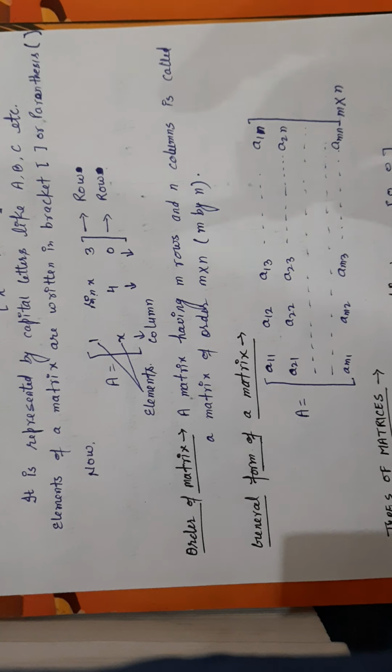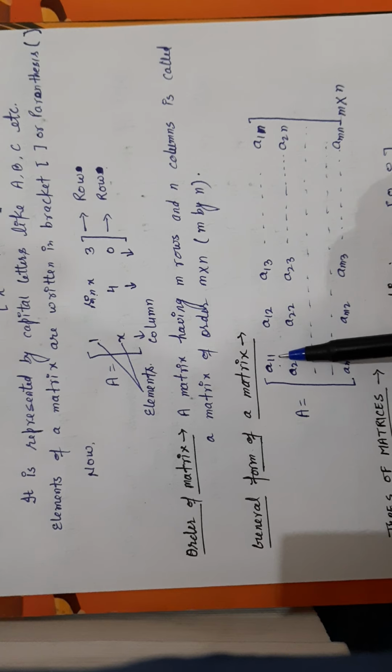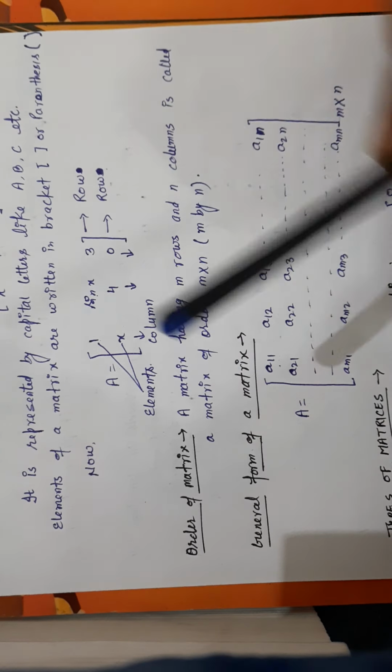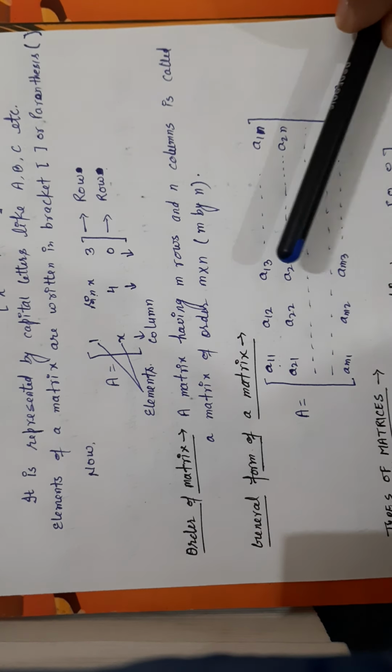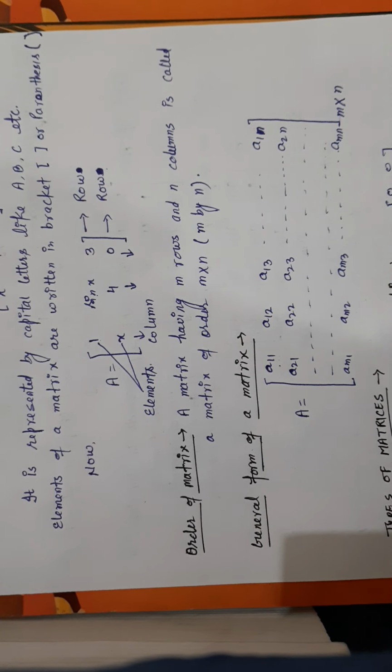So total number of elements will be mn. Is it clear? A11 represents the element in first row and first column. A12 is the element of first row and second column. Similarly, A13 is the element of first row and third column and so on.